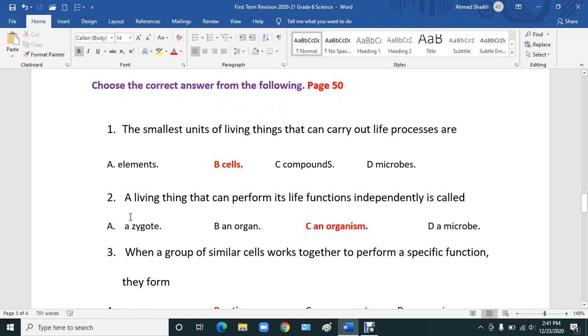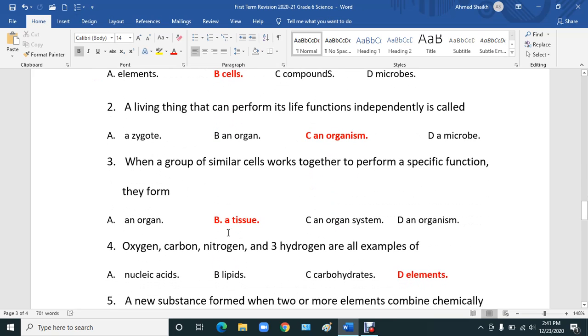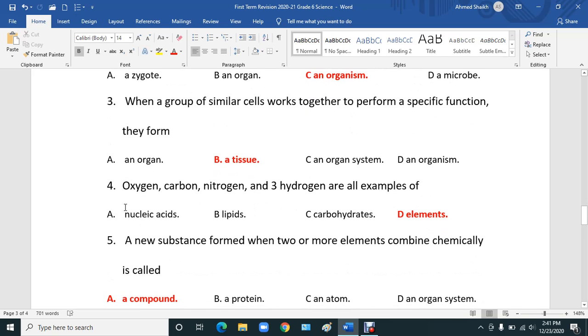Number 2: a living thing that can perform its life functions independently is called an organism. Number 3: when a group of similar cells work together to perform a specific function, they form a tissue. Number 4: oxygen, carbon, nitrogen and hydrogen are all examples of elements.